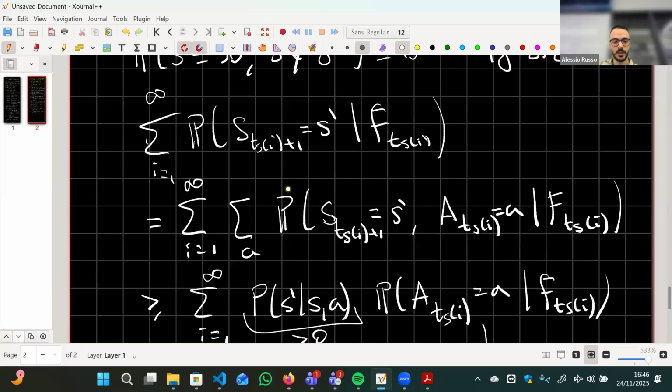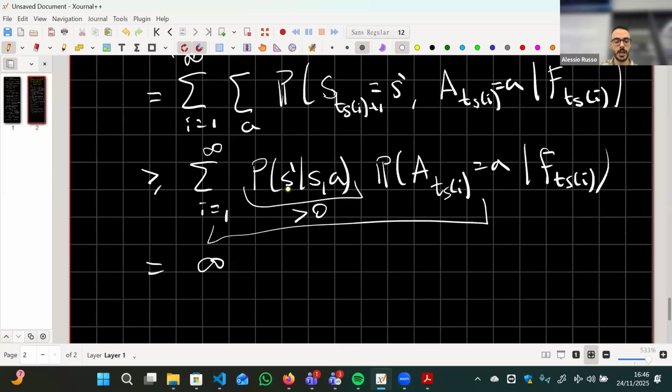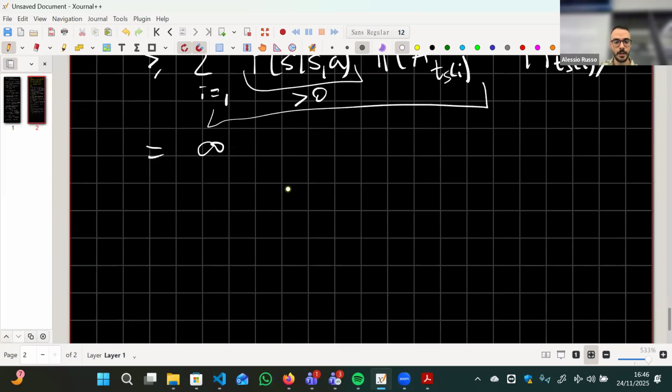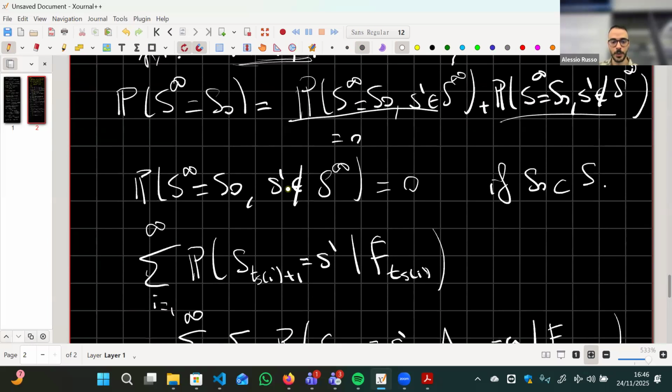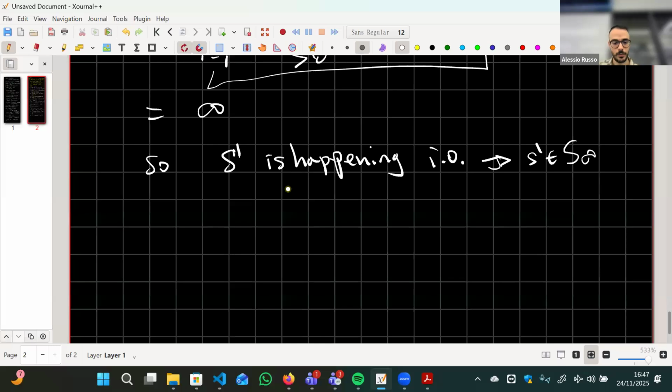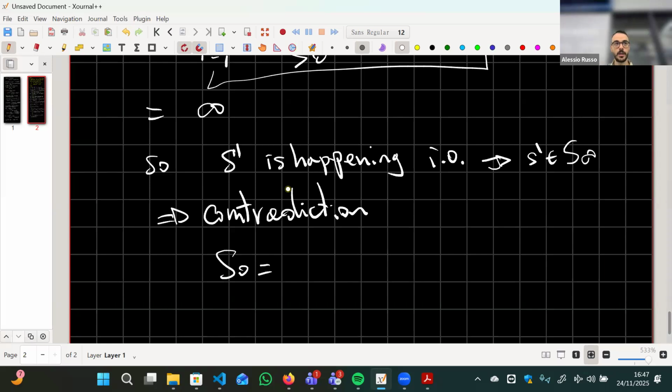So we have just shown that the number of times we visit S' is happening infinitely often, which means that S' must belong to S infinity, but then this leads to a contradiction here. Which means that the set S0 must be equal to the entire set of states.